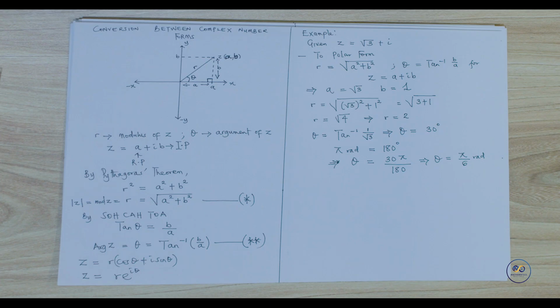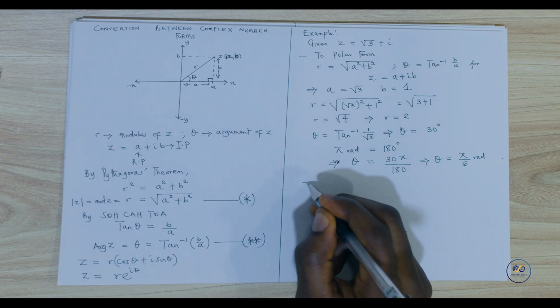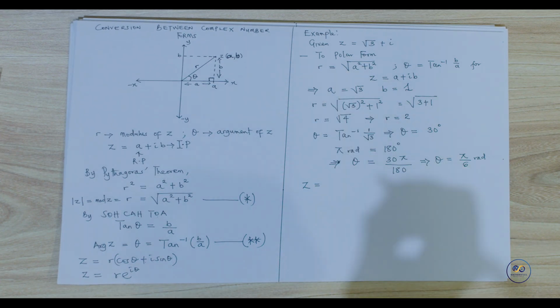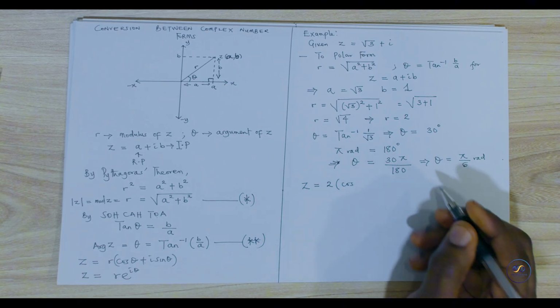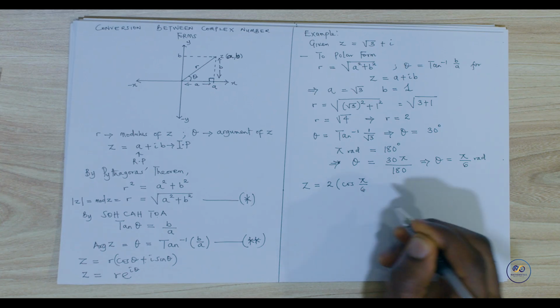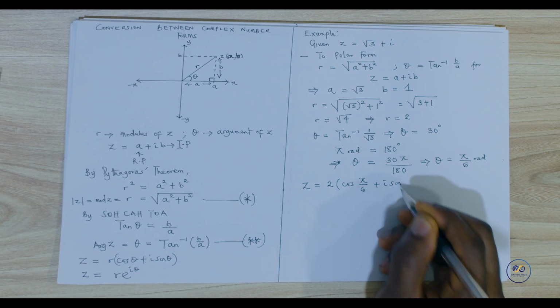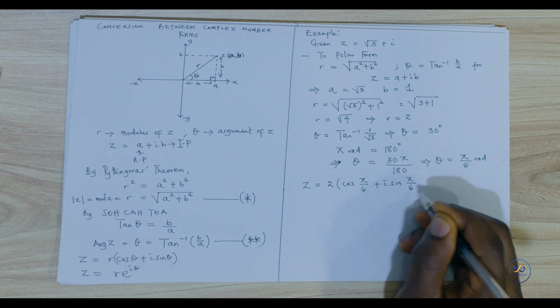So if we put that together, the polar form would then be z equal to the radius, which is 2, cos pi over 6 plus i sine pi over 6.